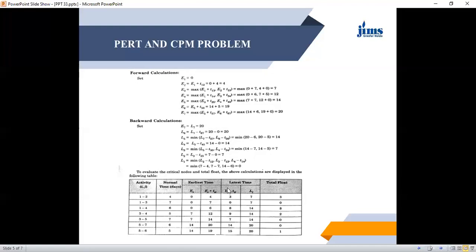Total float is, say, this one. This gives your total Lj minus Tij minus Ei, the total float of each activity. This is 3 days, this is 0, this is 8, this is 9 days. It will not actually be 9, this will be 9 minus 7, which is equal to 2 days. It is 7 minus 7, 0 days, 14 minus 14 is equal to 0 days, and this is 15 minus 14, 1 day. So this is the total float.